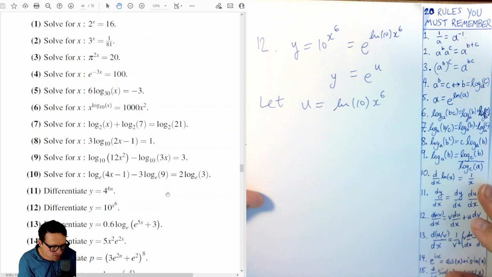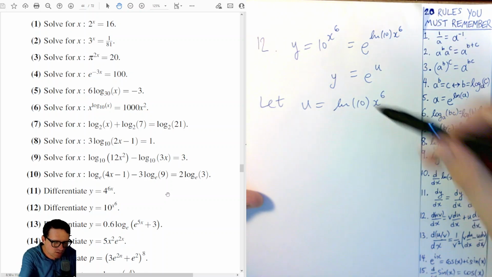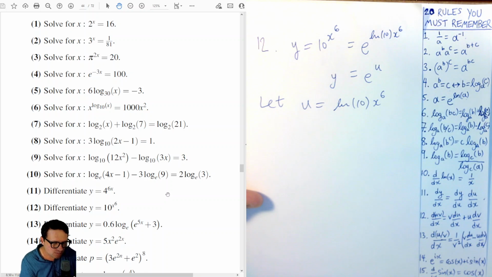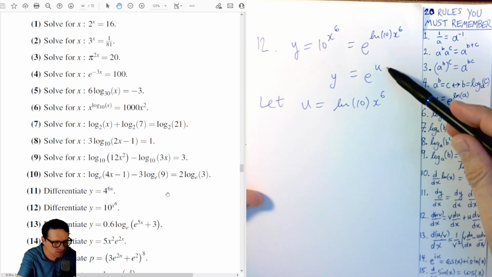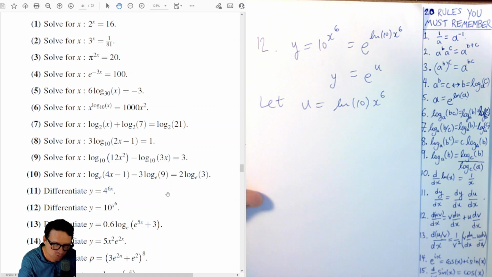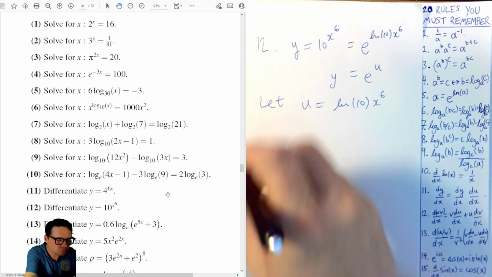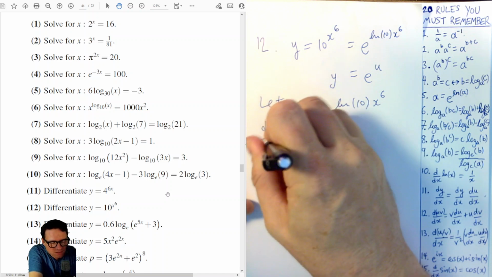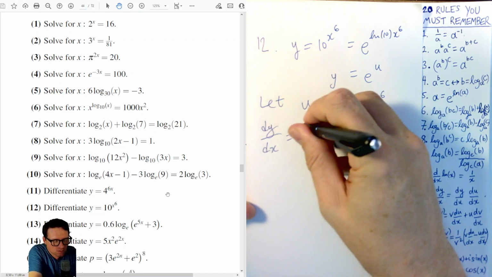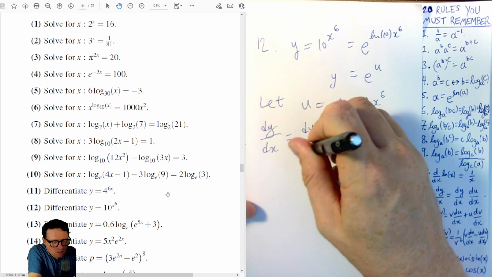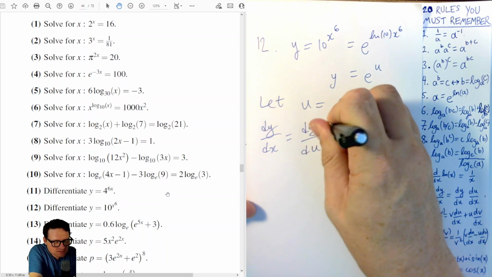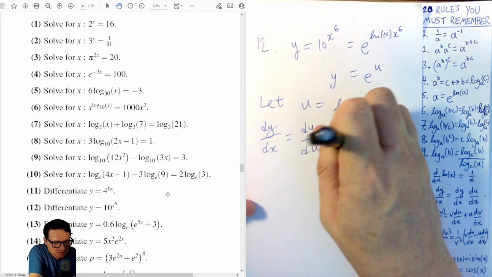All right, and so now we want to differentiate y with respect to x, but we can see that it's a function of u, and u is a function of x, so we need to use the chain rule, rule number 11. So dy on dx equals dy on du times du on dx.